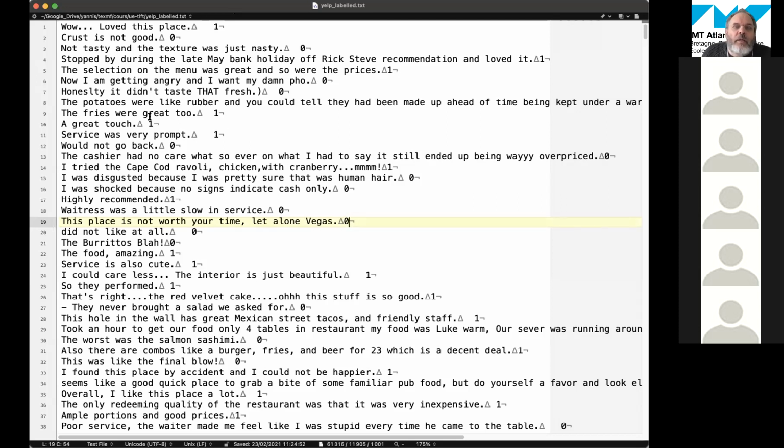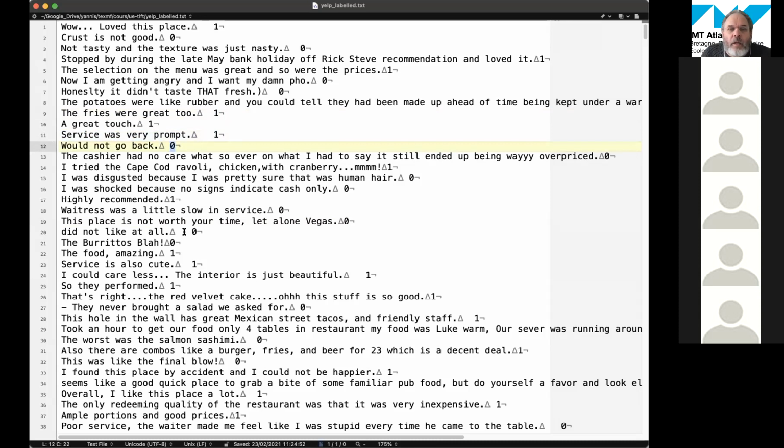And every sentence is followed by a class 0 or 1. So I have a binary classification of good and bad critics. And you see here, service was very prompt, good critic. Will not go back, bad critic, and so on.